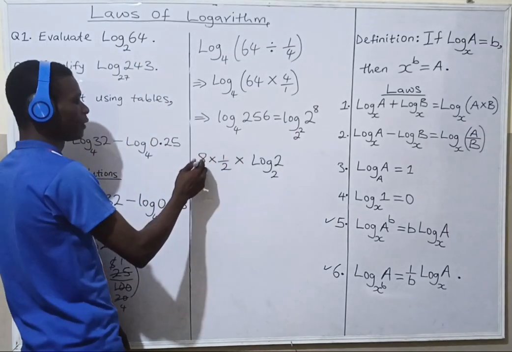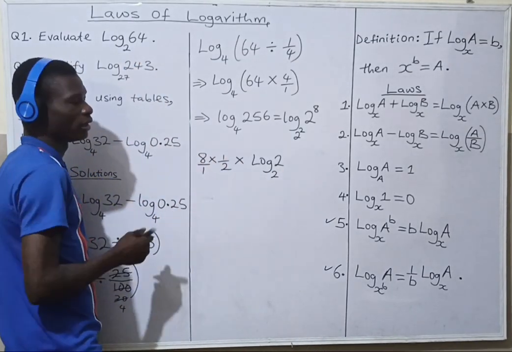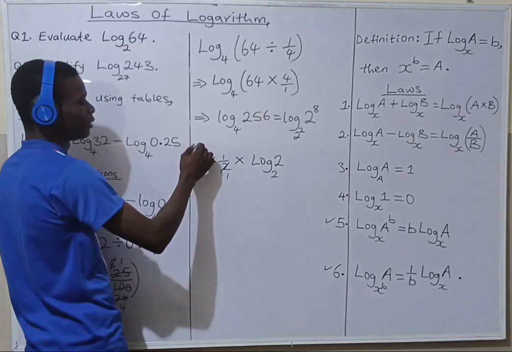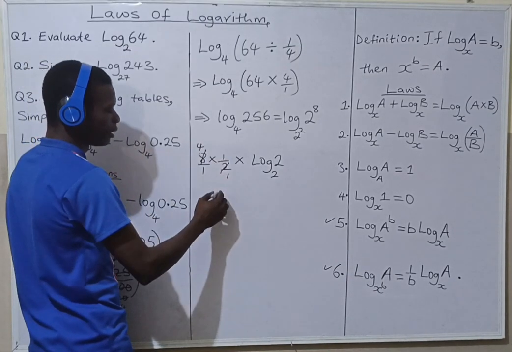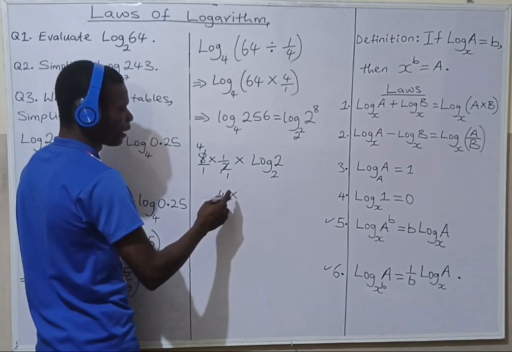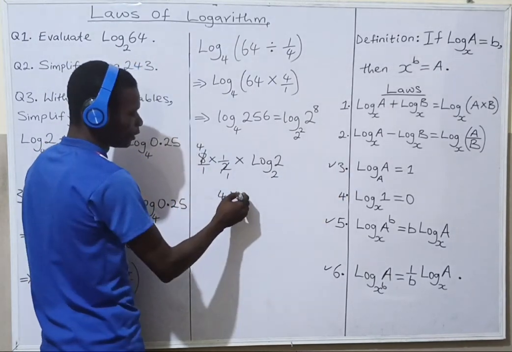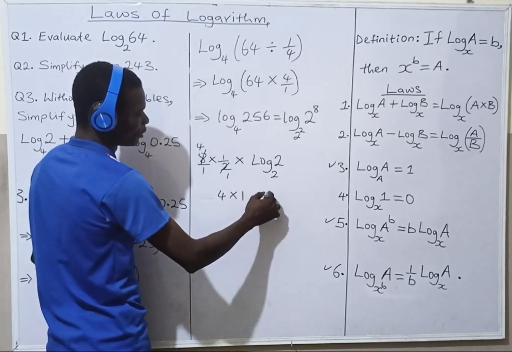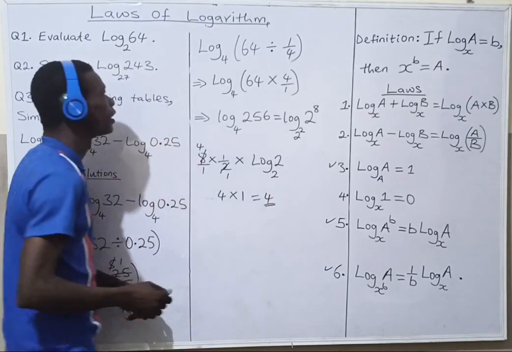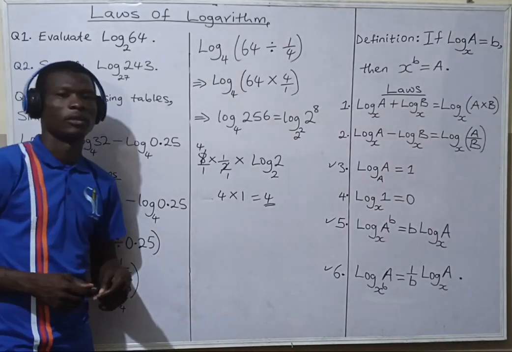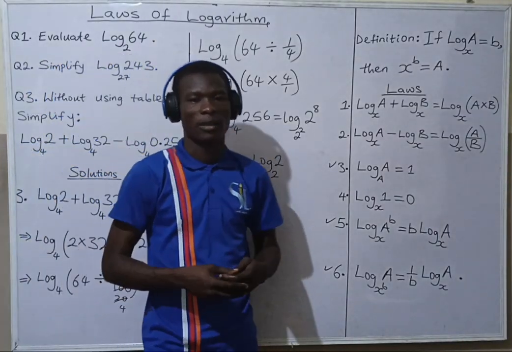So 8 times 1 over 2, this is a fraction having a denominator of 1. 2 here, 1. 2 in 8 is going to be 4. So 4 times 1 is going to be 4, multiplied by log 2 to base 2. That's law number 3. Log 2 to base 2 is going to be 1. And 4 times 1 is going to be what? 4. So that is what we have with those 3 questions.